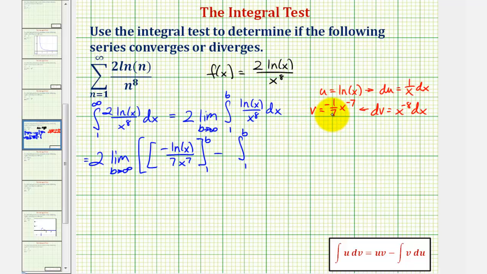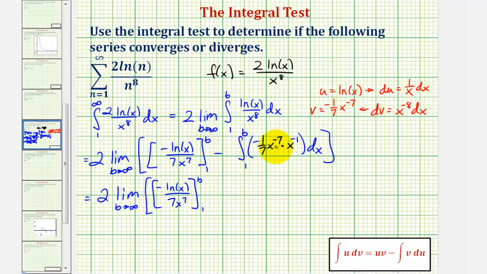So v is negative 1/7 x to the negative 7th, and du is 1 over x dx, or times x to the power of negative 1 dx. Let's go ahead and simplify this. So we'd have plus 1/7 times the integral from 1 to b of x to the negative 8th.